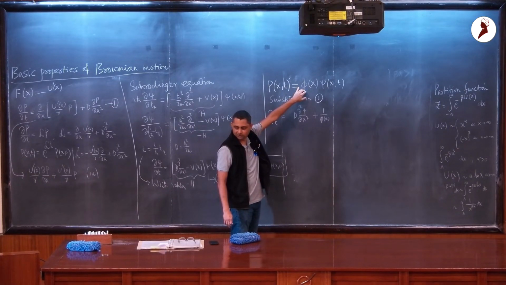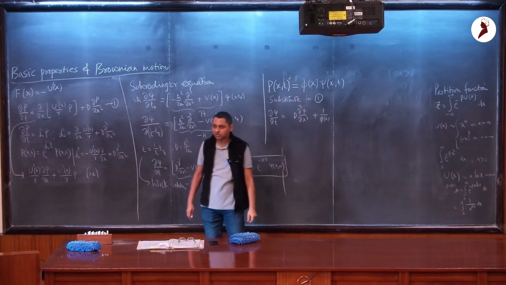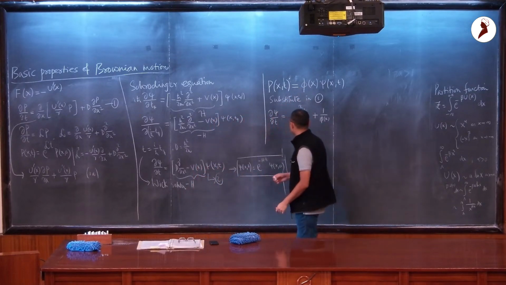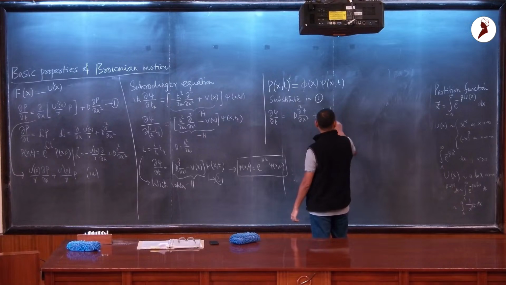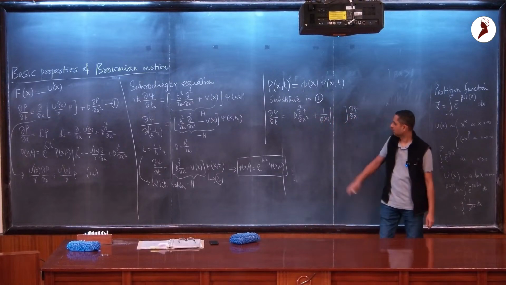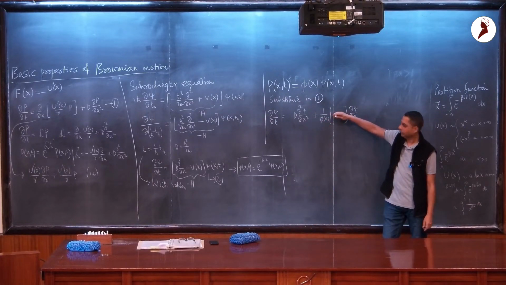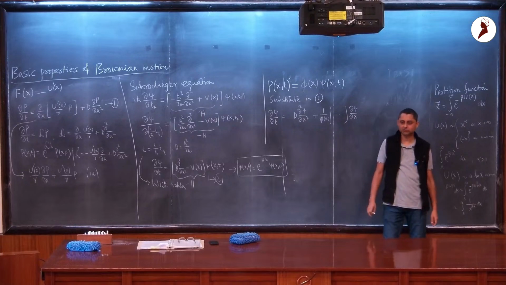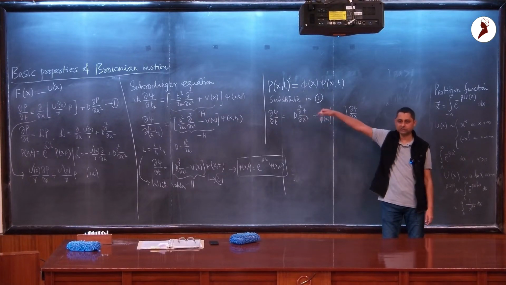So you are going to get some terms which are del psi del x. Inside there will be some functions of phi, some derivatives of phi and so on. So this is something you have to do.